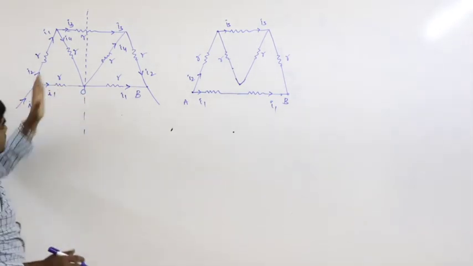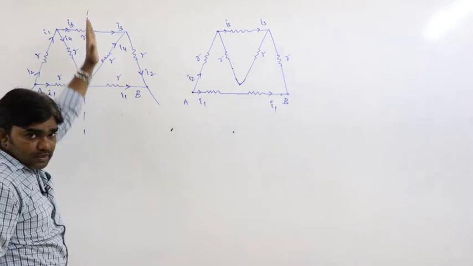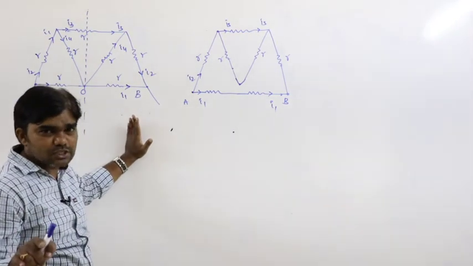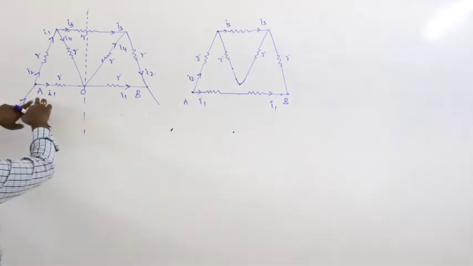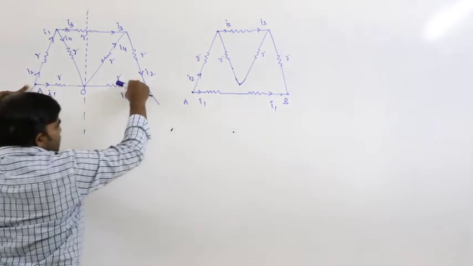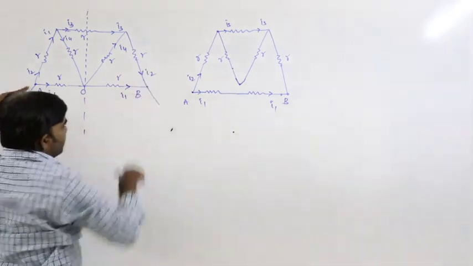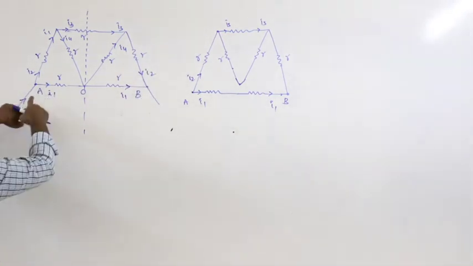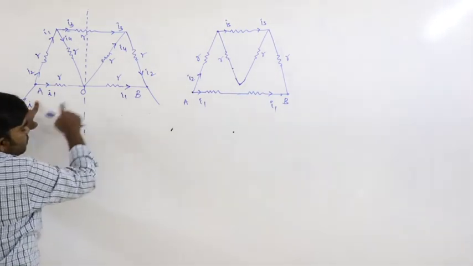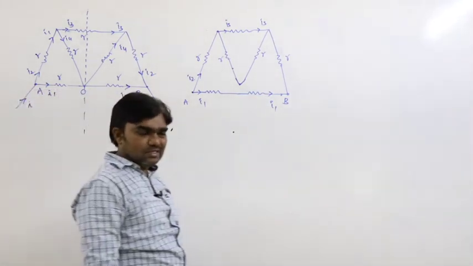So mirror symmetry means the symmetry line must be considered like this, left side and right side currents must be same. Here at the point A, two currents, this is I1, this is I2. Here also at the point B, two currents, I1 and I2. So same amount of current passes here, that means these two resistances must be in series.